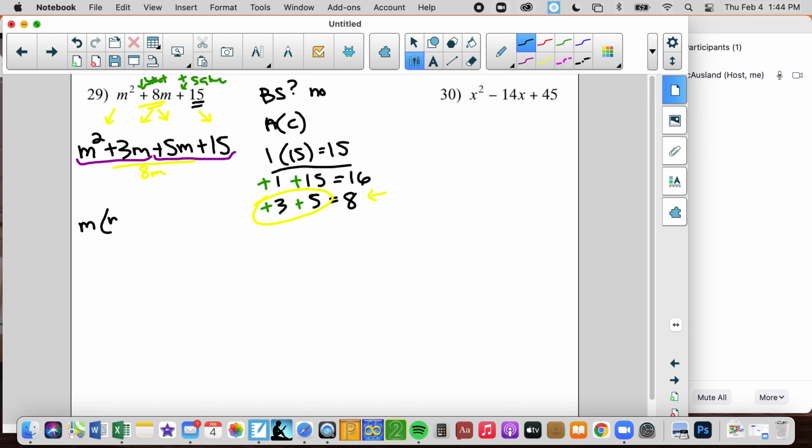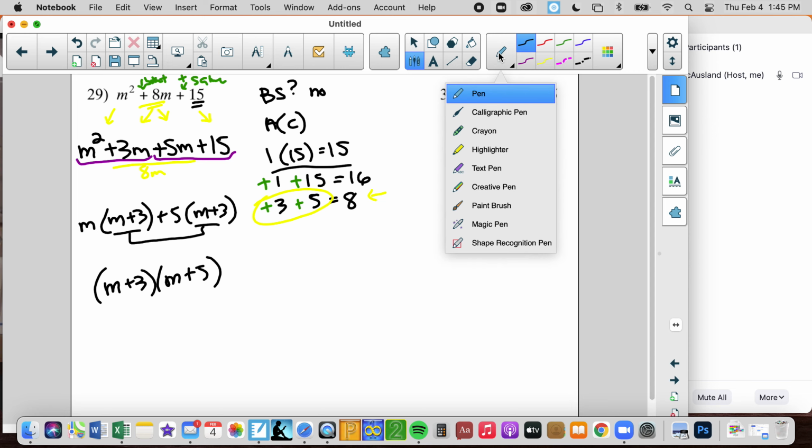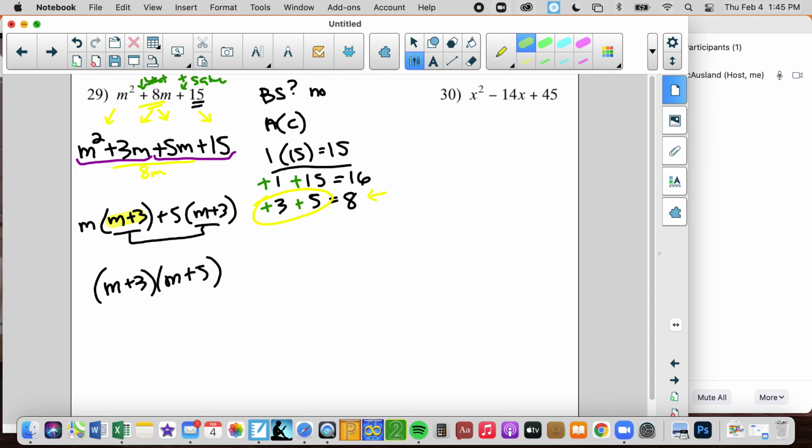We can factor out an m, you get m plus 3. We look at the second pair, 5m and 15. We can factor out a 5, and we get m plus 3. We know we did it right because these are the same. We're going to pull that m plus 3 out, and we're going to be left with m plus 5. So notice that we took the m plus 3 out, and you notice what's left, m plus 5. That's how we got that term.